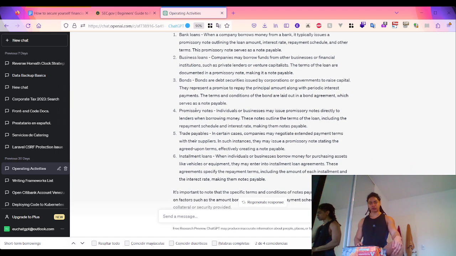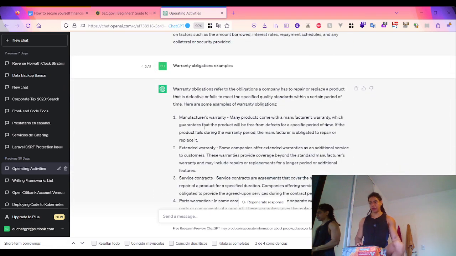It's the same for a promissory note, but now this is directly to the lenders. And the trade payables, which are a negotiation. A company may negotiate to extend the payment terms with their suppliers.